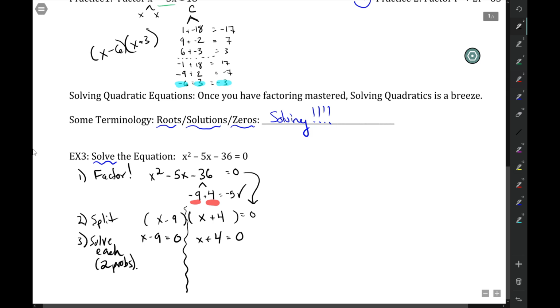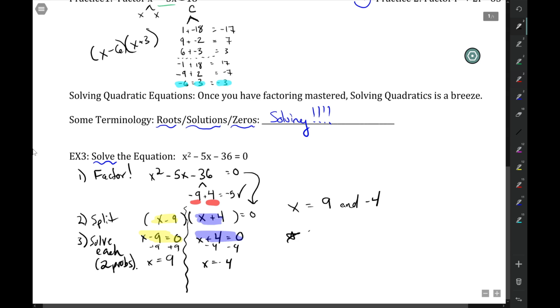You have to solve each side. This should be super easy, I hope. Add 9, x equals 9, and subtract 4, x equals negative 4. Big thing, solutions are x equals 9 and negative 4.